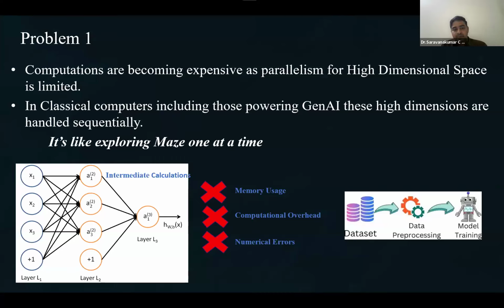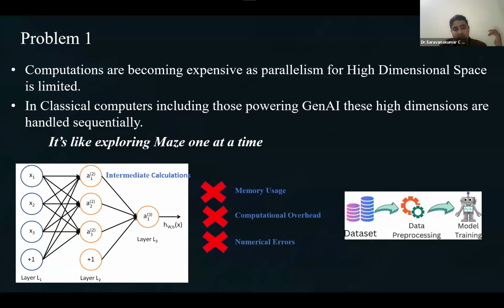I have 4 important problems to discuss, and the first problem is that computations are becoming expensive. Yes, we are spending because of high dimensional space, because parallelism for high dimensional is expensive. If you want to do parallel operations, GenAI can perform sequentially, but if you want to do something in parallel, the need for high dimensional space is directly proportionate to the cost and expense. It's very costly.